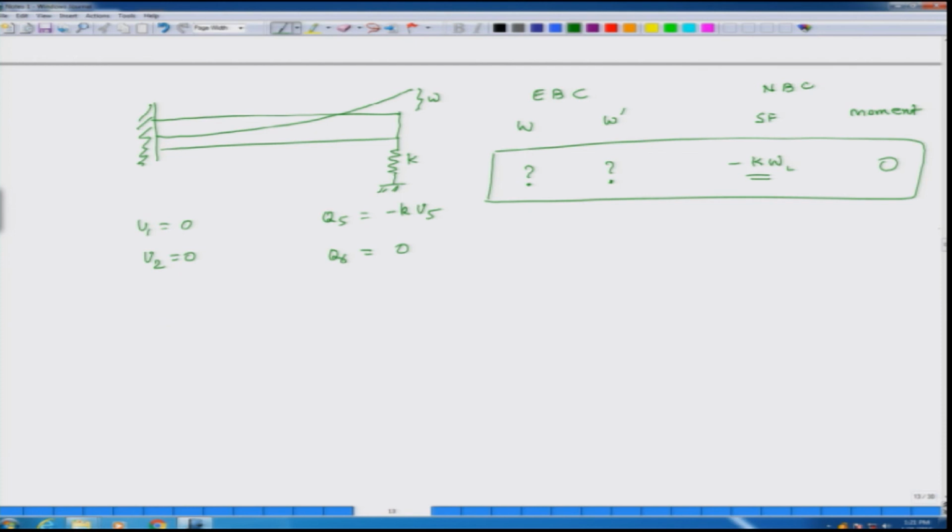Likewise, I can have another boundary condition, and it is that when it is bending, I have a torsional stiffness Kt. So this is a torsional spring.